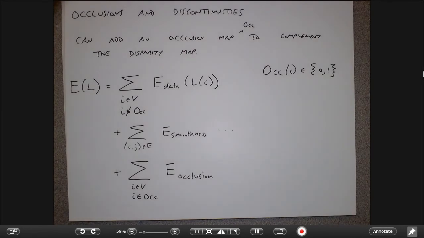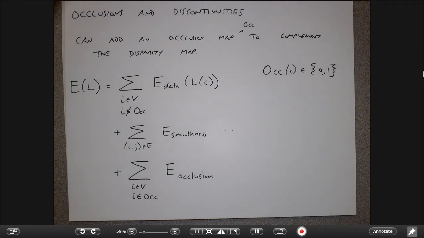This prevents you from saying that if all the pixels were occluded, then I wouldn't have to worry about estimating any data terms at all, and my cost function would be really low. So you have to crank this term up to make sure that it really hurts to occlude a pixel, and you only do it if you actually can't estimate the disparity for it.